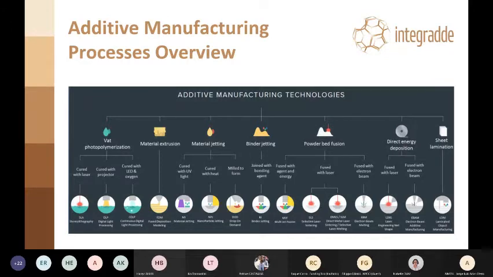For any of these technologies, you can see several sub-technologies. For example, for direct energy deposition, you have deposition by laser, by arc welding, or electron beam melting.